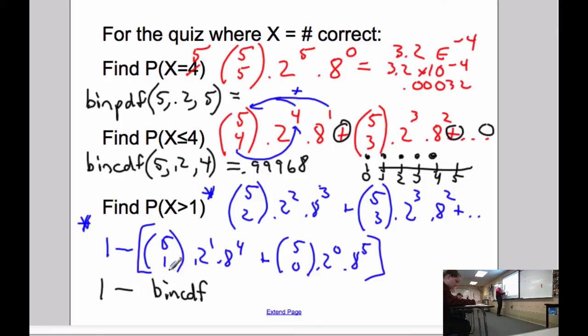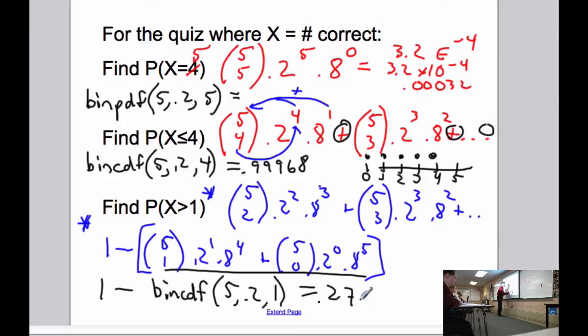This part right here? You did 1 on down, 0 on down. So binomial CDF, there were 5 questions. Probability of success is 0.2. I succeeded 1 on down to get more than 1. And what do we get? 0.26272. So 0.26 then. Yeah.